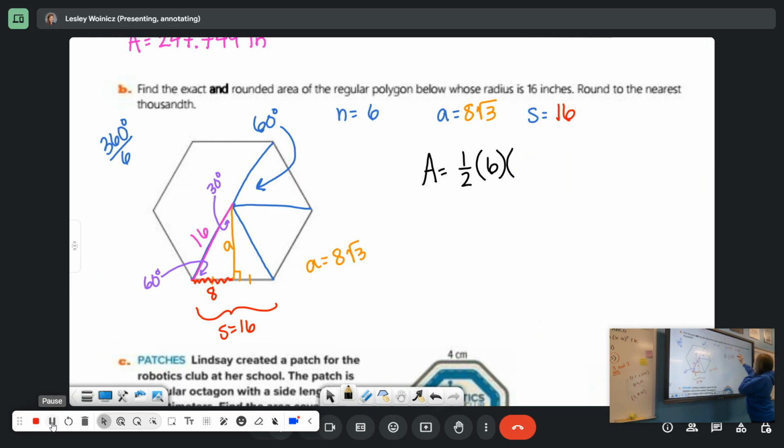Oh, I put this in a weird order. Okay, so I have 6 triangles. The base of my triangle is the side length of 16, and the height of each of my triangles is 8 root 3. So this is my N, my S, and my A.